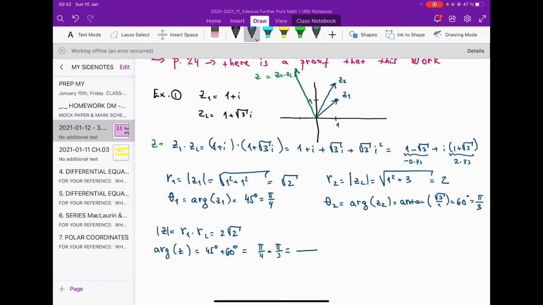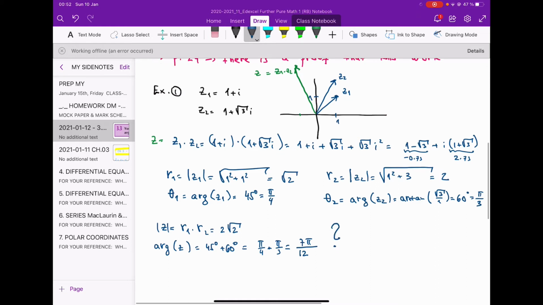So I can say this would be 7 pi over 12. Okay, I am asking if this is true.